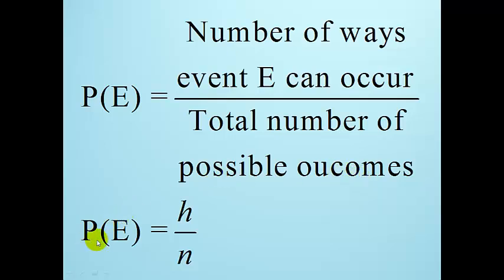So the probability of the event E will be equal to H over N, where H is the number of ways event E can occur and N is the total number of possible outcomes. Now let's proceed.